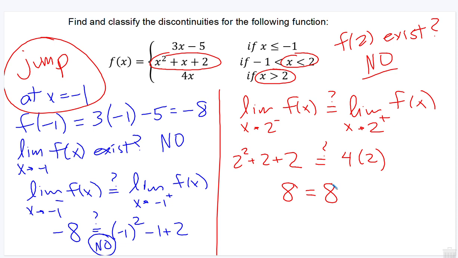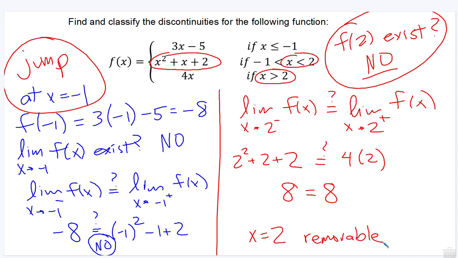So the limits from the left and the right are the same, which means it is meeting at that point. It's just that that point doesn't exist. Therefore, x equals 2 is a removable discontinuity. The limits from the left and the right were the same, but the function didn't exist there.